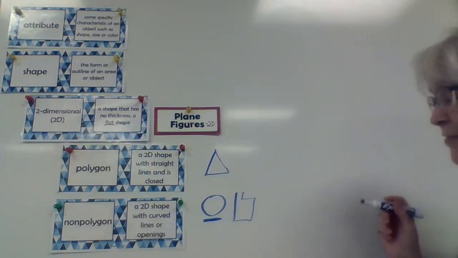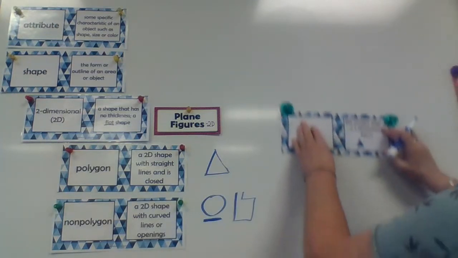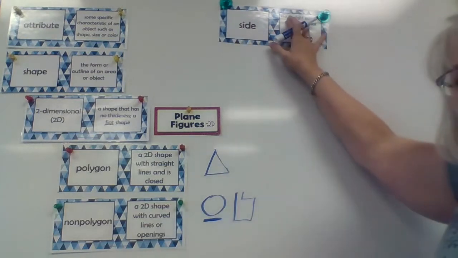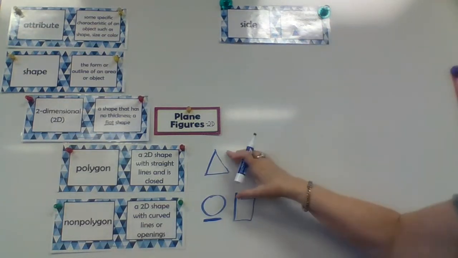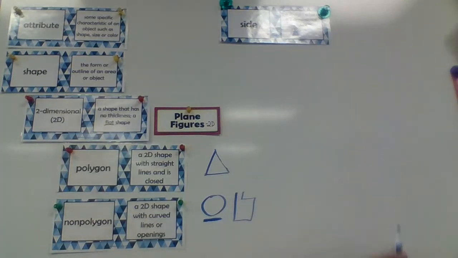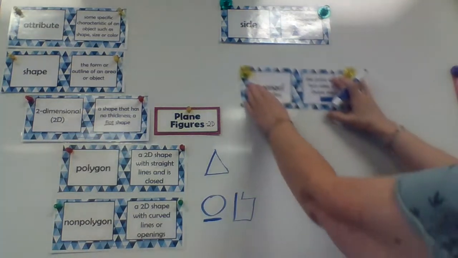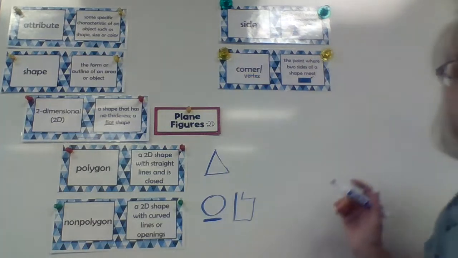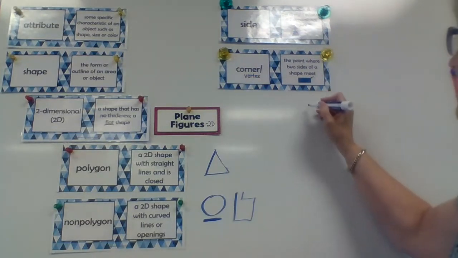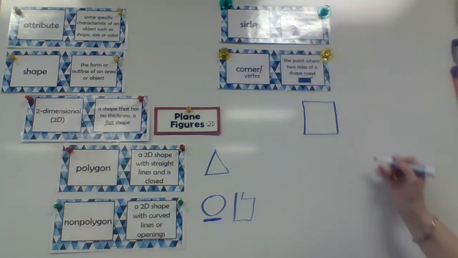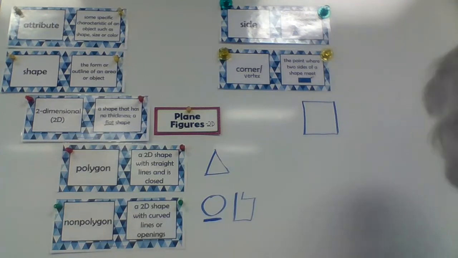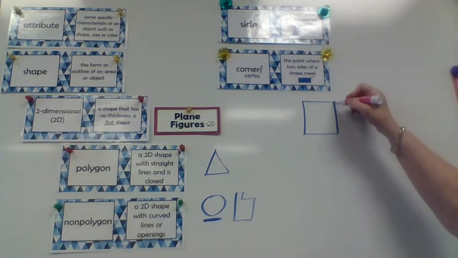All right, so we have several familiar polygons, and one thing they all have in common, okay, all polygons have sides, those straight lines. And where the straight lines come together, they have a point called a corner or a vertex. So if I were to draw this polygon, these are the sides, okay?